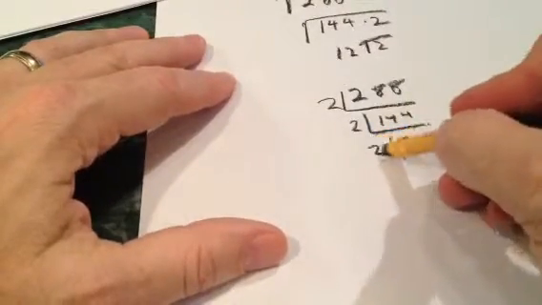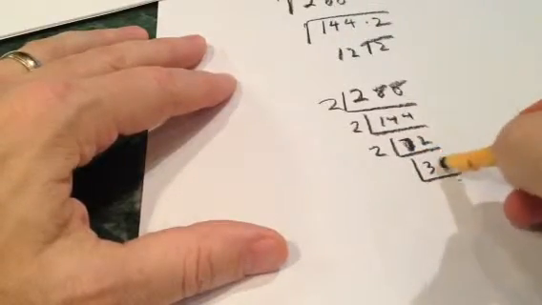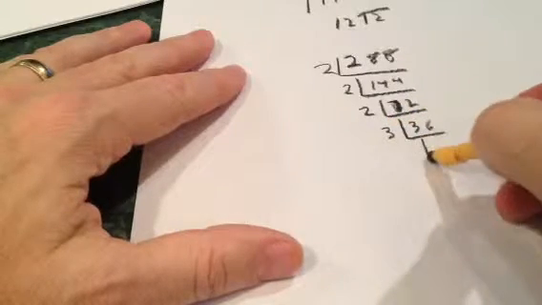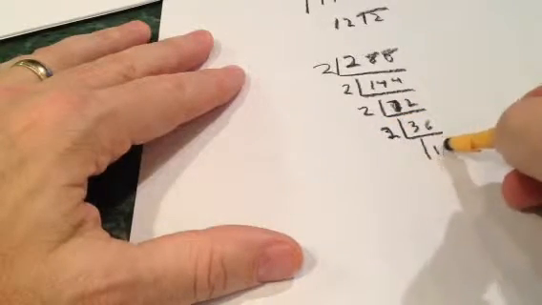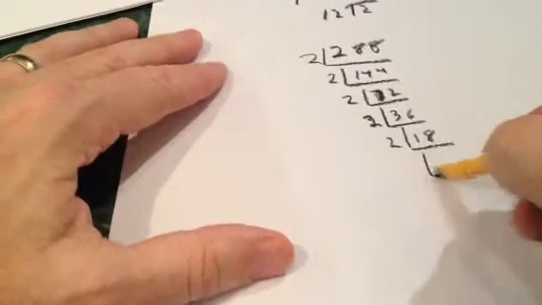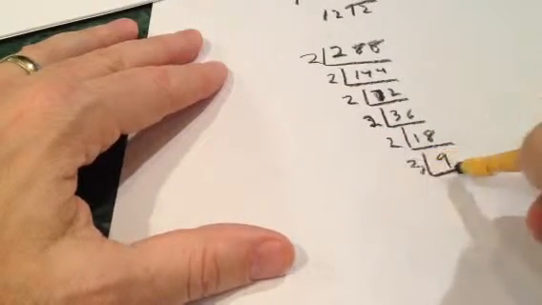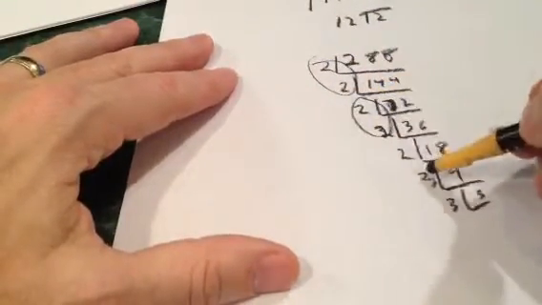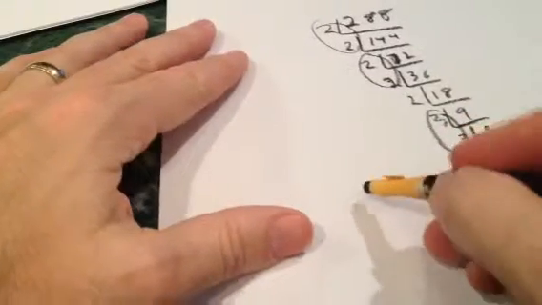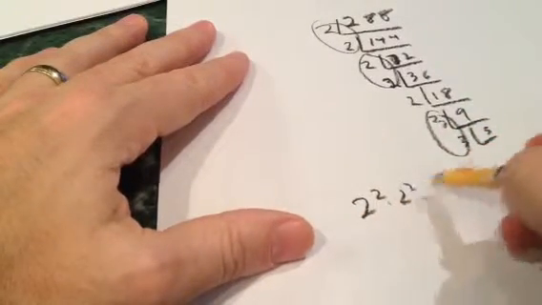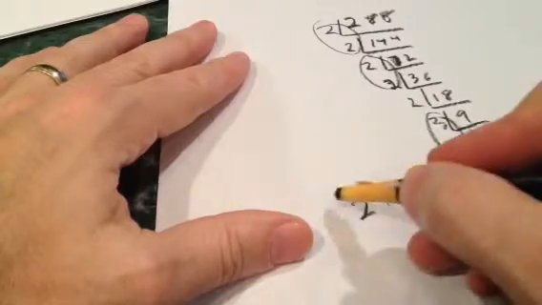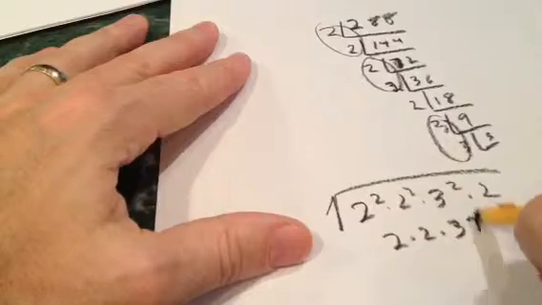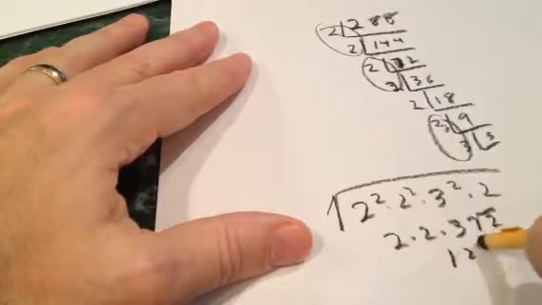Divided by 2, that's 36. I could do 6 times 6, but I'm going to continue. That's 2 again, 18, 2, 9, 3, 3. So I have all my factors there. I got 2 squared times 2 squared times 3 squared with one 2 left over that's not squared. So out front it's 2 times 2 times 3 times the square root of 2, and that's 12 square root of 2.